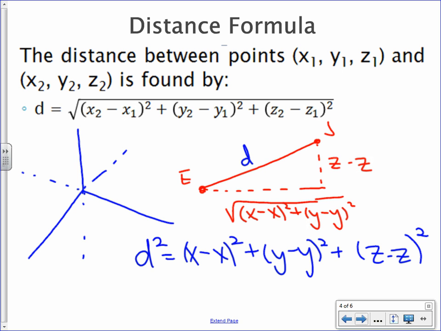To solve for just d, we would square root both sides, and there's our distance formula in free space. Okay? We knew what it was going to be based on intuition, right? But this is the reason why this formula works.